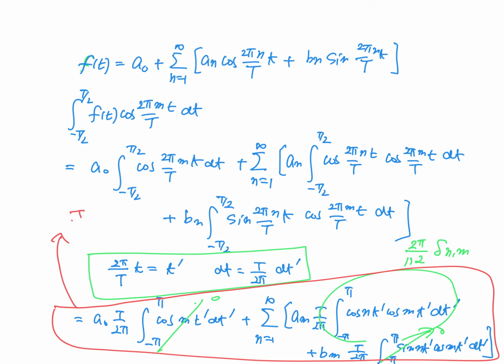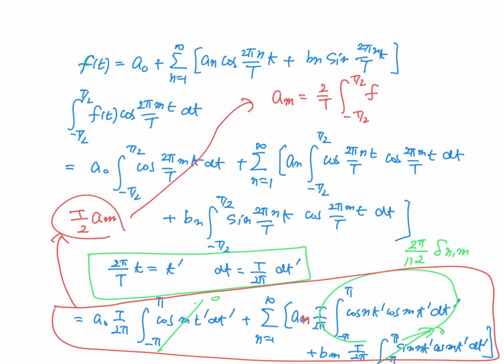T over 2 am. This is an. So am is 2 over T, integral of f(t) cosine 2 pi n t over T dt.